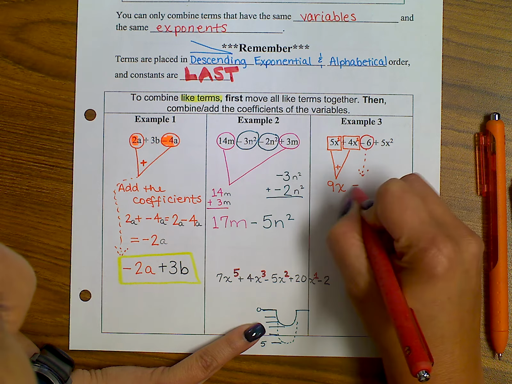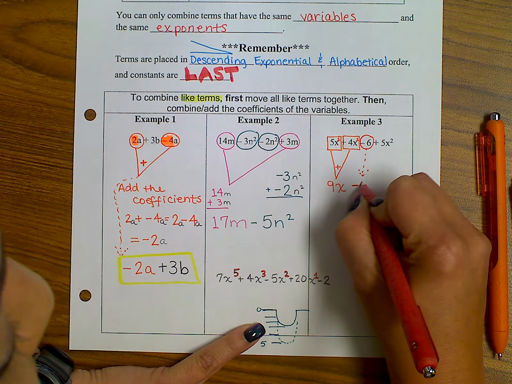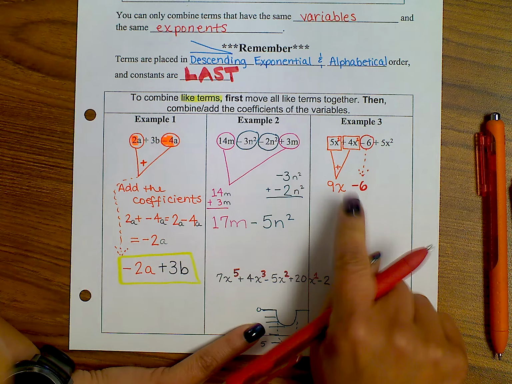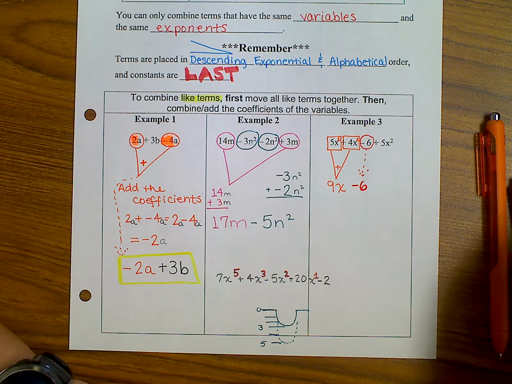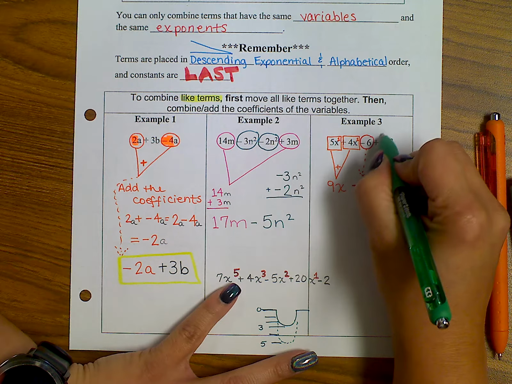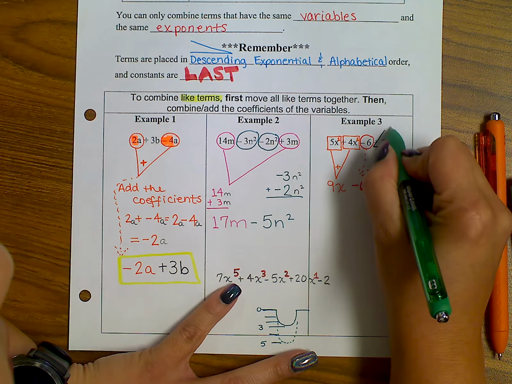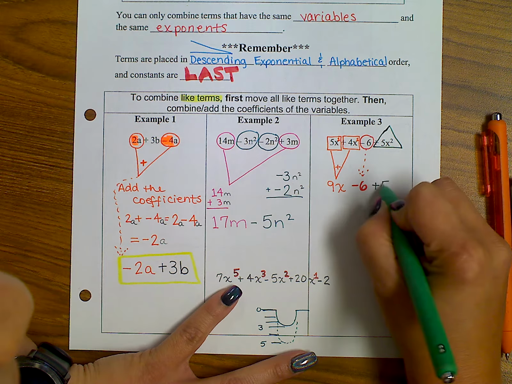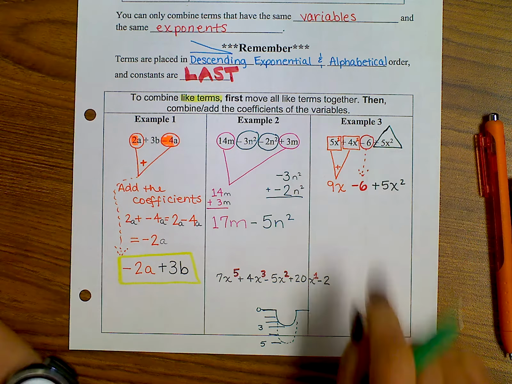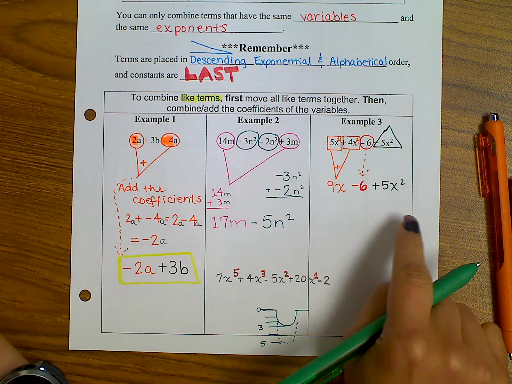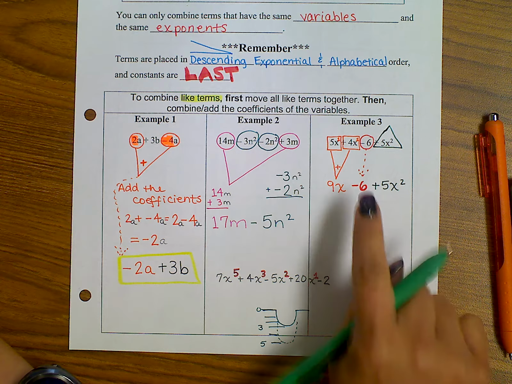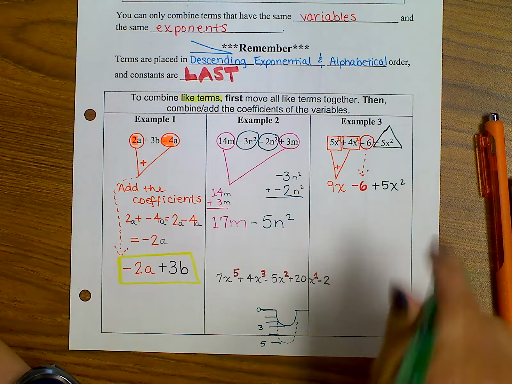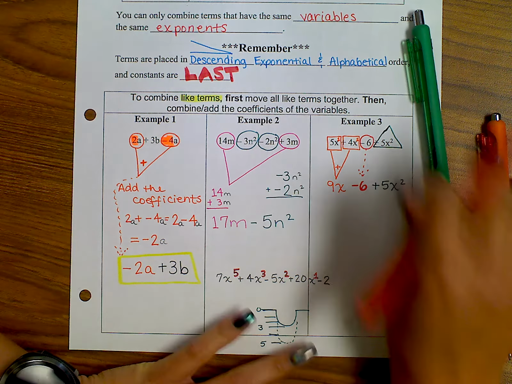Okay. I'm going to bring everything down here because here I have, use a circle, I have a negative 6, but you guys told me that a number by itself is called a constant. And then I'm going to put this in a triangle. Why not? Sure. I have a positive 5x squared. Now, this doesn't look like it's in the right order because you guys told me constants, numbers by itself, always go last.